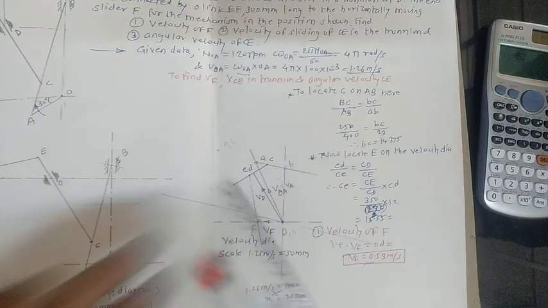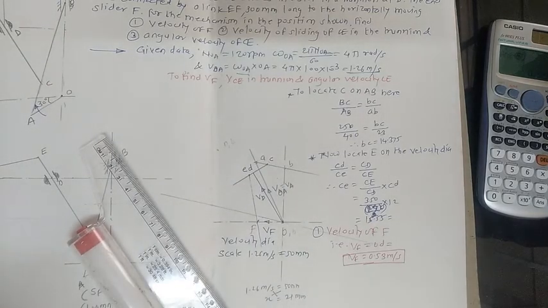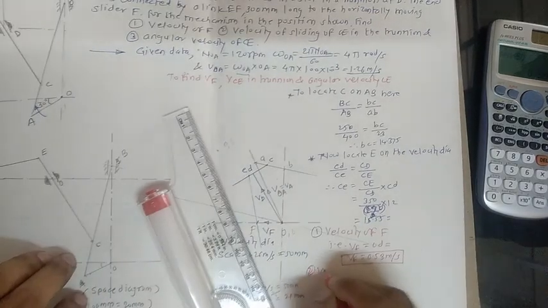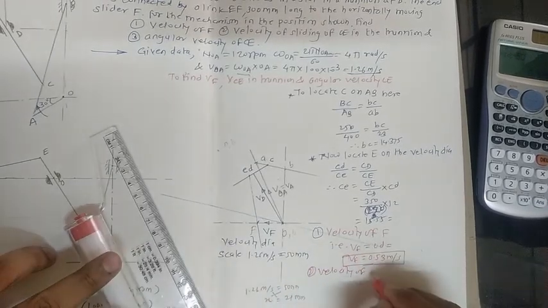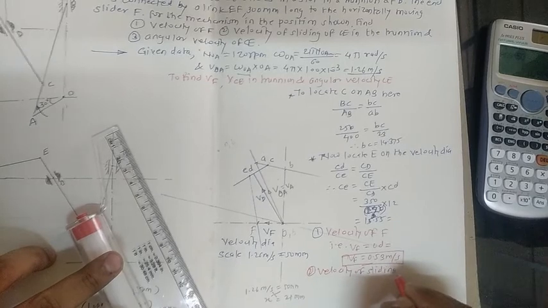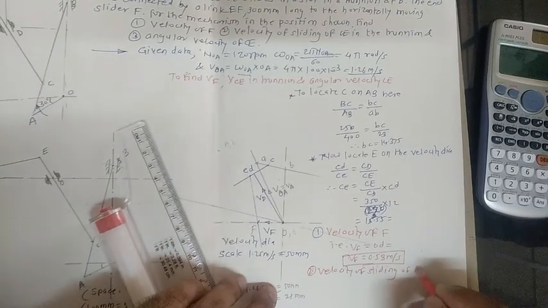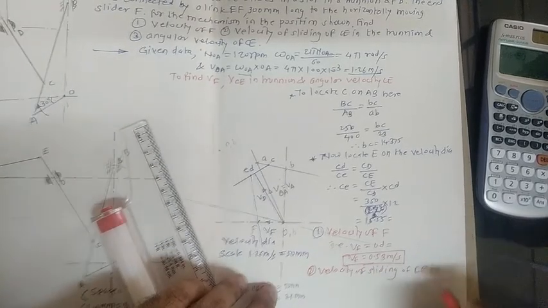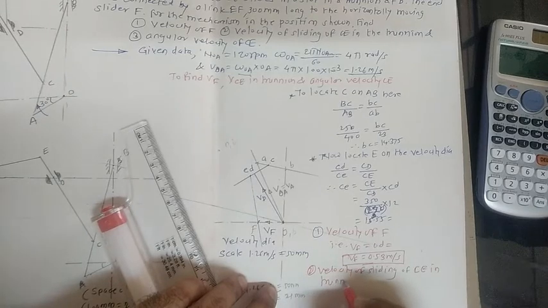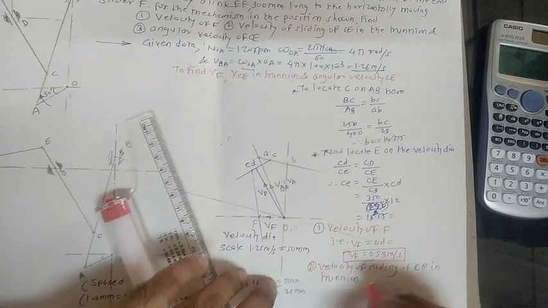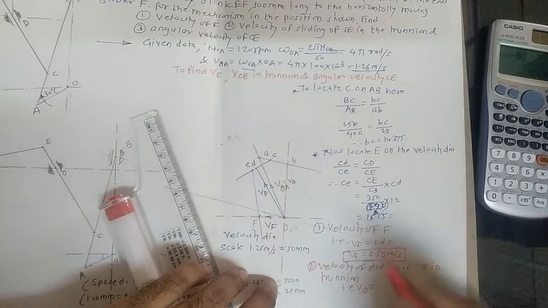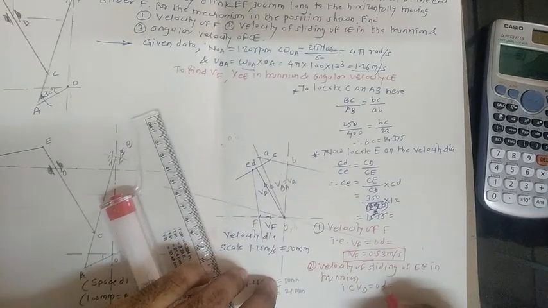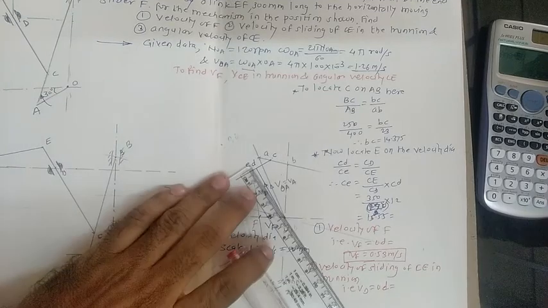Here mention velocity of sliding of E in trunnion, that is BD equals to, just measure this one, BD equals to near about the 45.